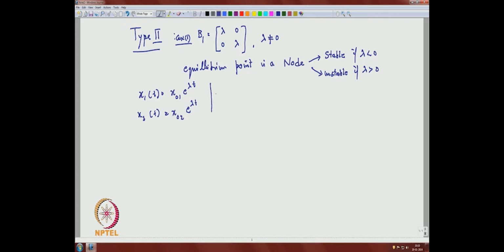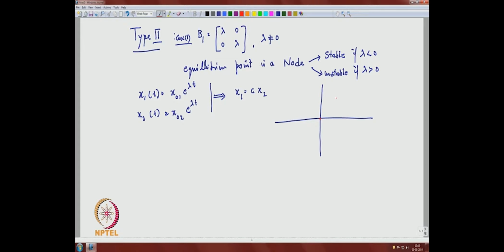If you eliminate t, you will get x1 equal to a constant times x2. So, it is nothing but straight lines all the time. In the phase portrait you have the origin as an equilibrium point, and x1 equal to a constant times x2 is a straight line.